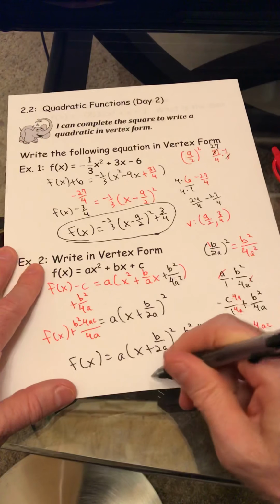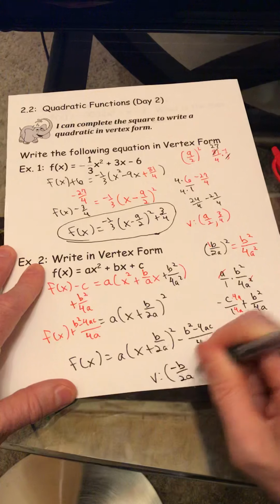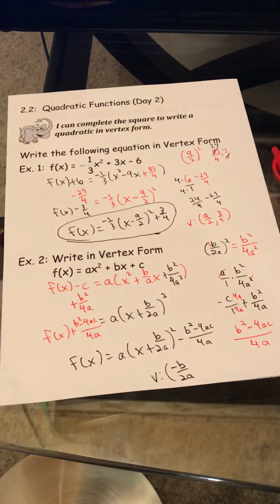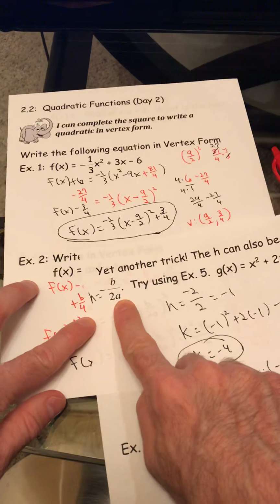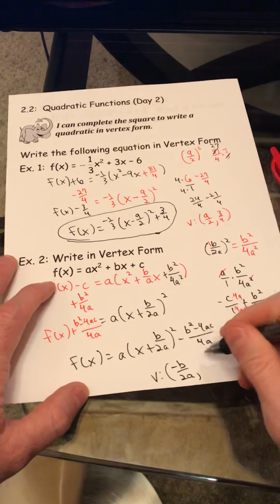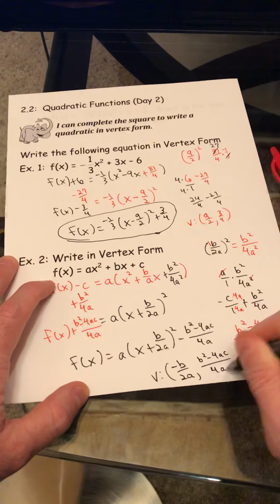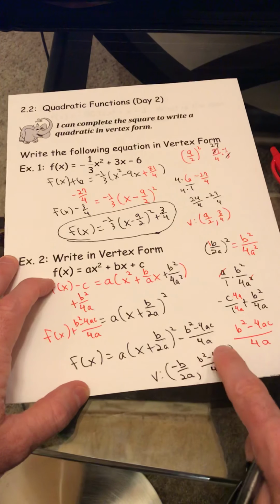Well, the actual vertex, h, is the opposite of b over 2a, which I actually have the notes from yesterday right here. H equals opposite of b over 2a. So as you do this, we are coming up with what would have been the quadratic formula. So again, I know it's not exact.